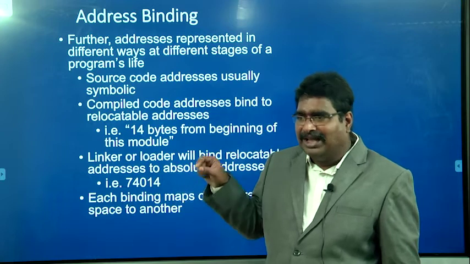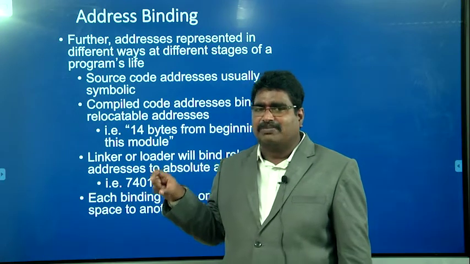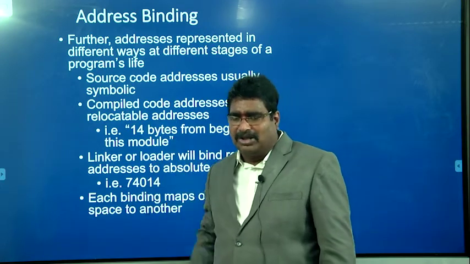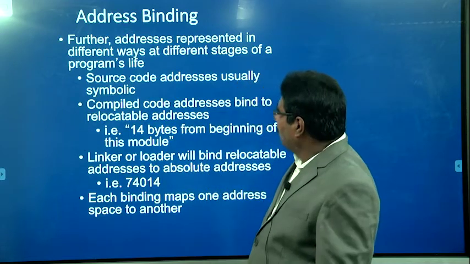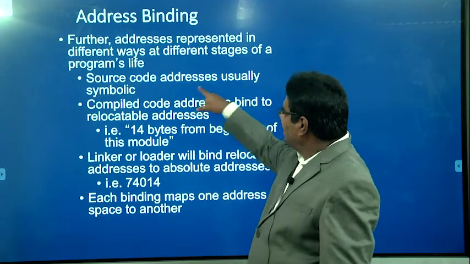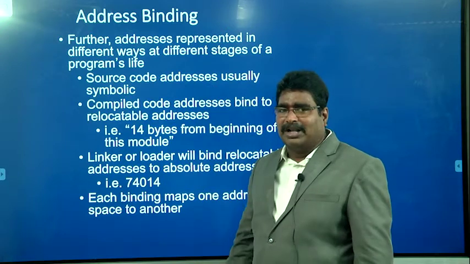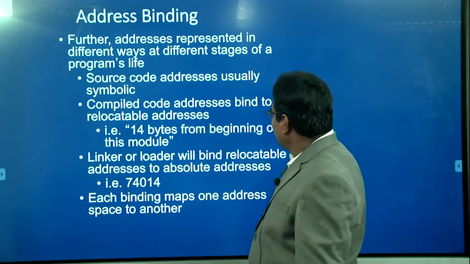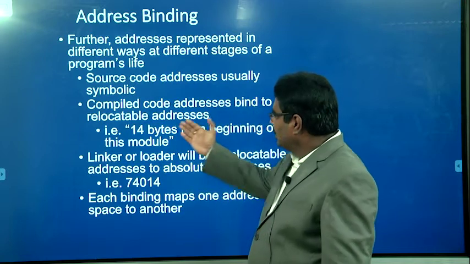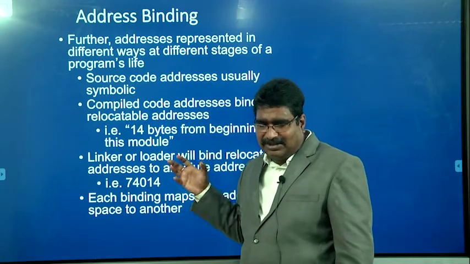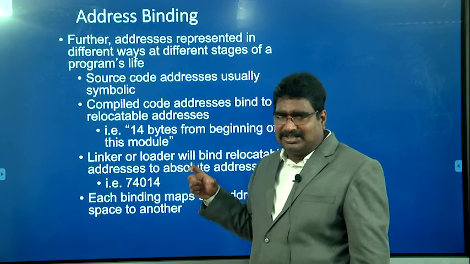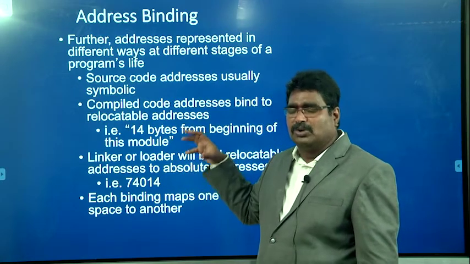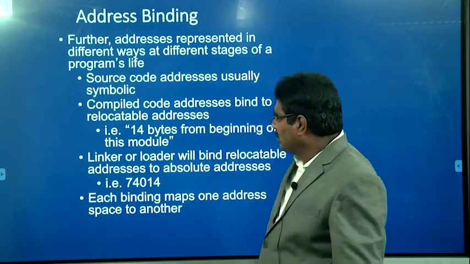So instruction locations are also represented using symbolic locations. Generally in high level programming languages, source code addresses are usually symbolic. But when compiling, the code addresses are bound to relocatable addresses, so it is possible to relocate from one location to another location.